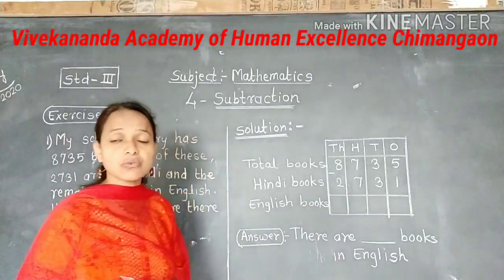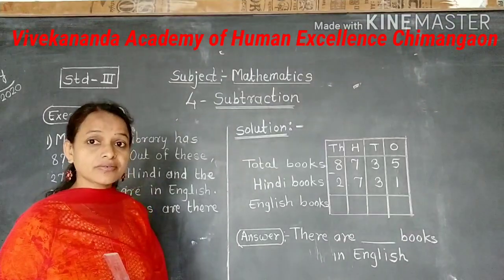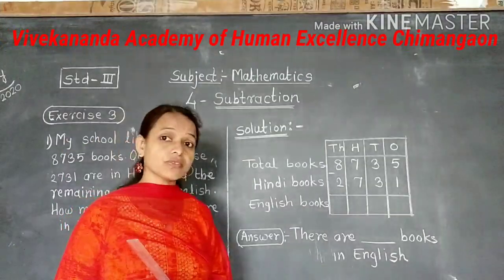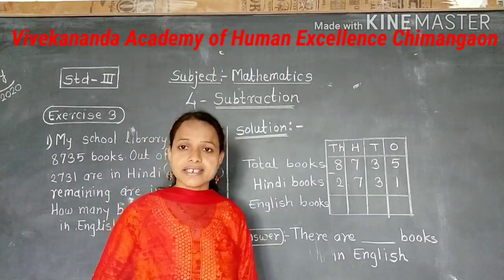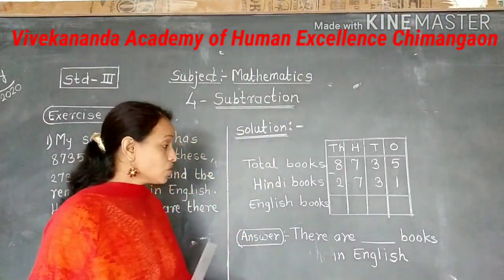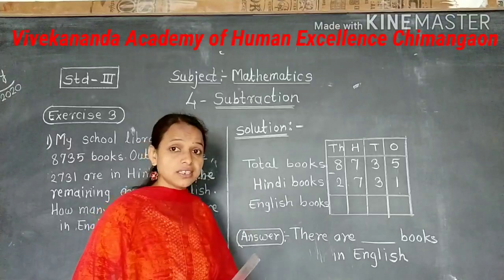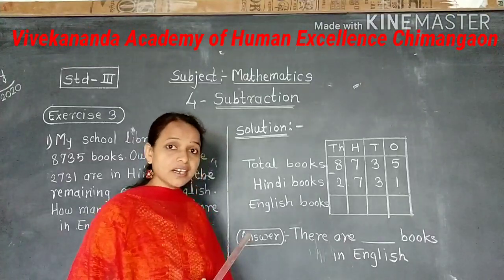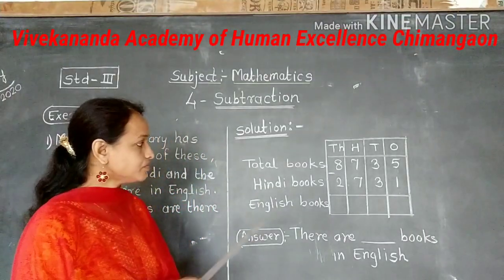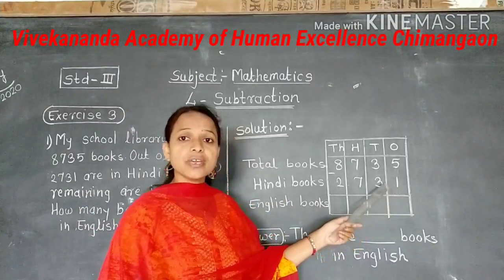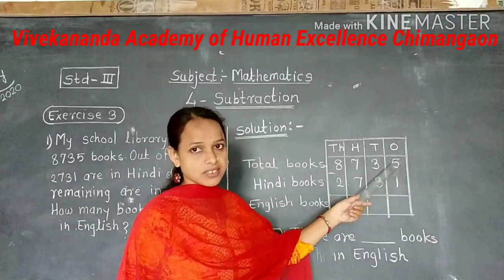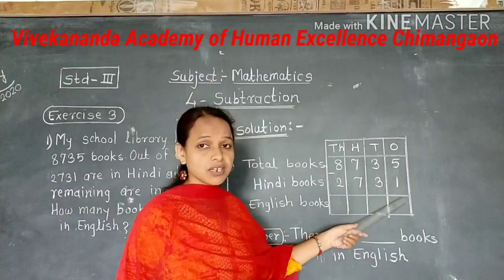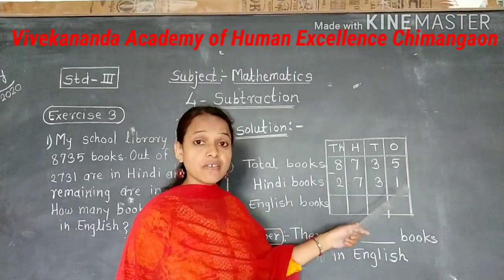Okay. So here I arranged the given numbers in the place value chart. Next we have to subtract. We have to start from ones, then tens, then hundreds and finally thousands. So we will first subtract the ones. Look here. Here we have to subtract 1 from 5. 5 minus 1, 4. 4 ones.